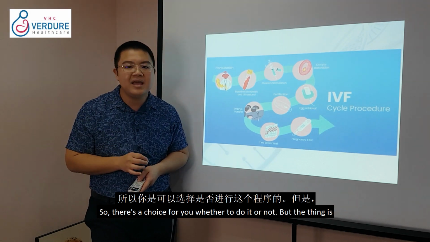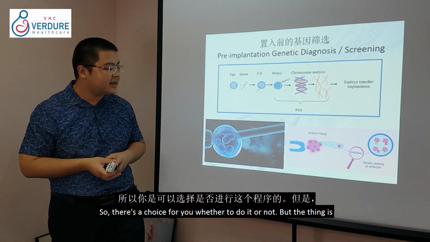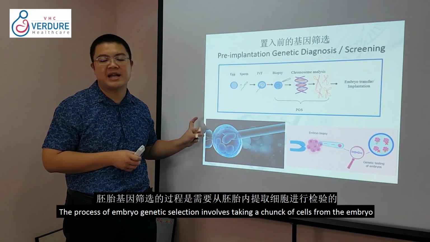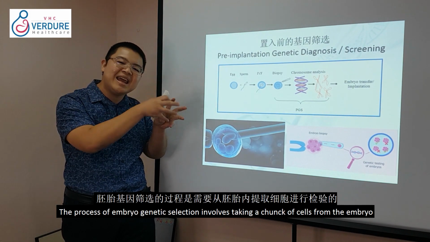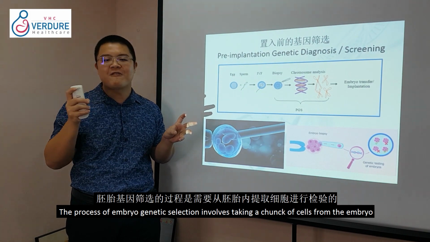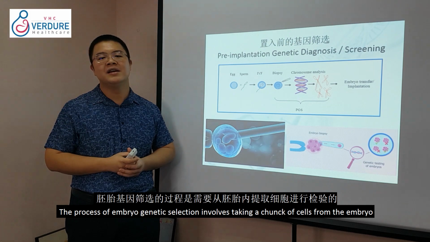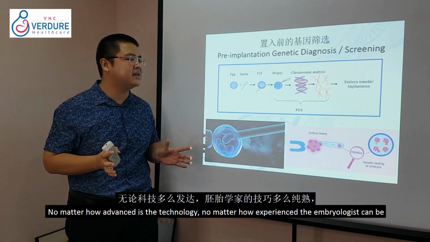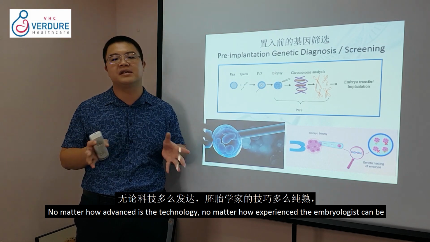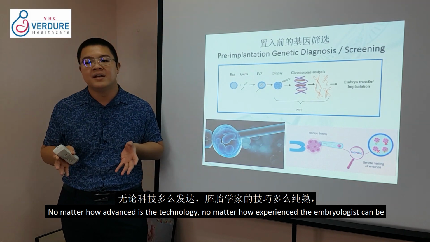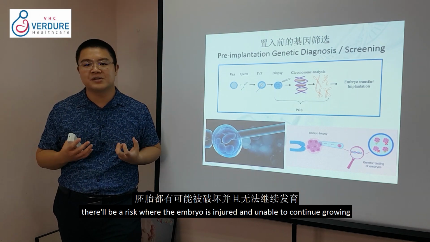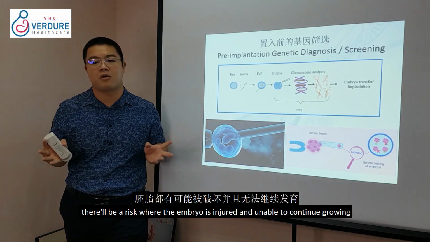But the main thing is that the process of doing embryo genetic selection involves taking a chunk of cells from the embryo. Okay, so no matter how advanced the technology is, or no matter how experienced the embryologist could be, there will still be a risk whereby this embryo sustained injury and could not grow anymore.